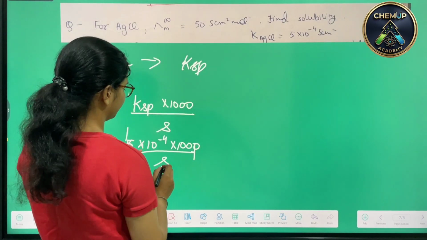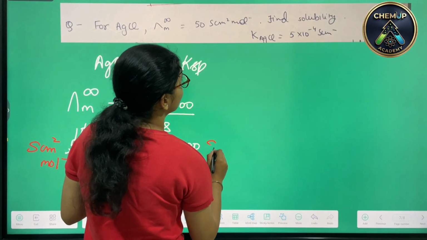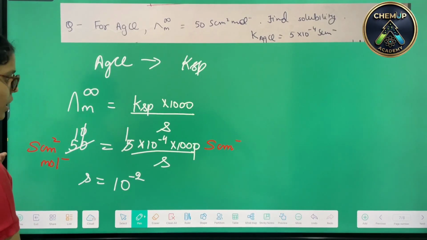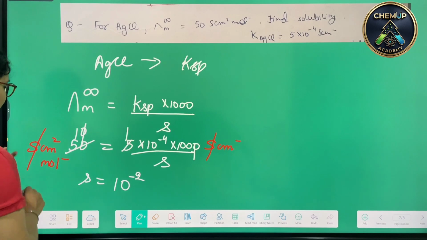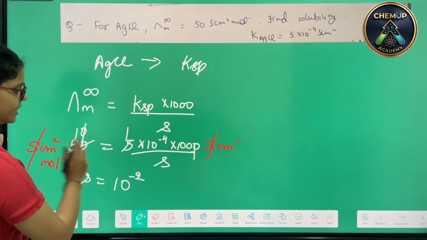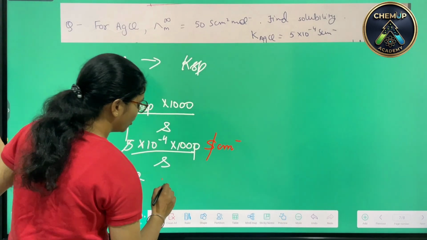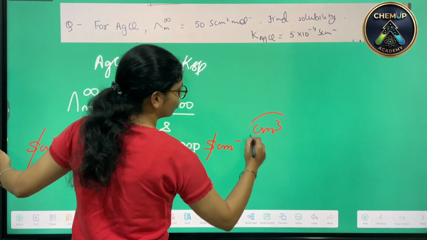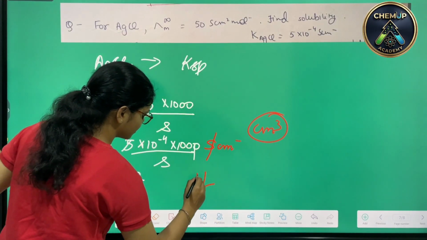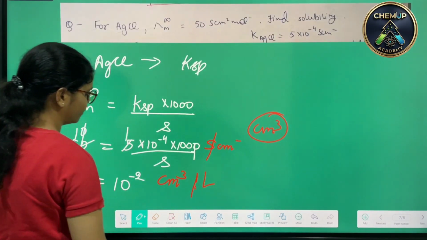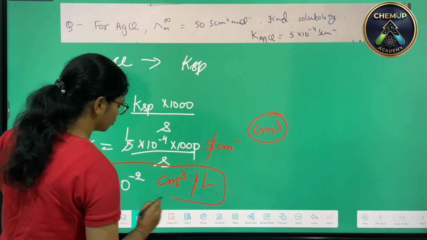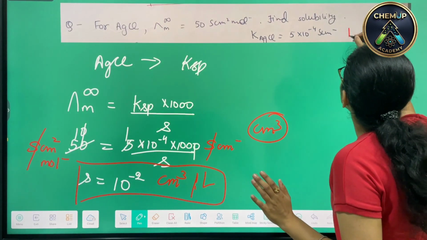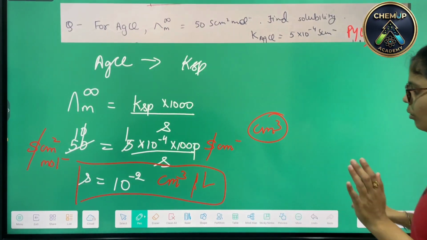For solubility over here, we have the units as S centimeter inverse. So mole per liter it needs to come. So S goes with S, and here it is centimeter cube and mole. Therefore, mole per liter it will come. Centimeter cube it is now. Mole per liter, that refers to your solubility. This was a simple question and it is again your PYQ question.